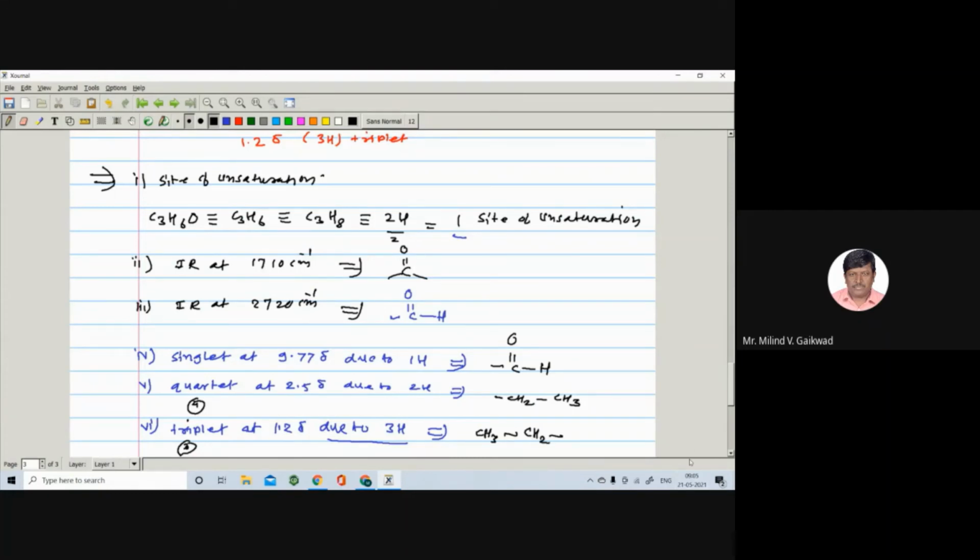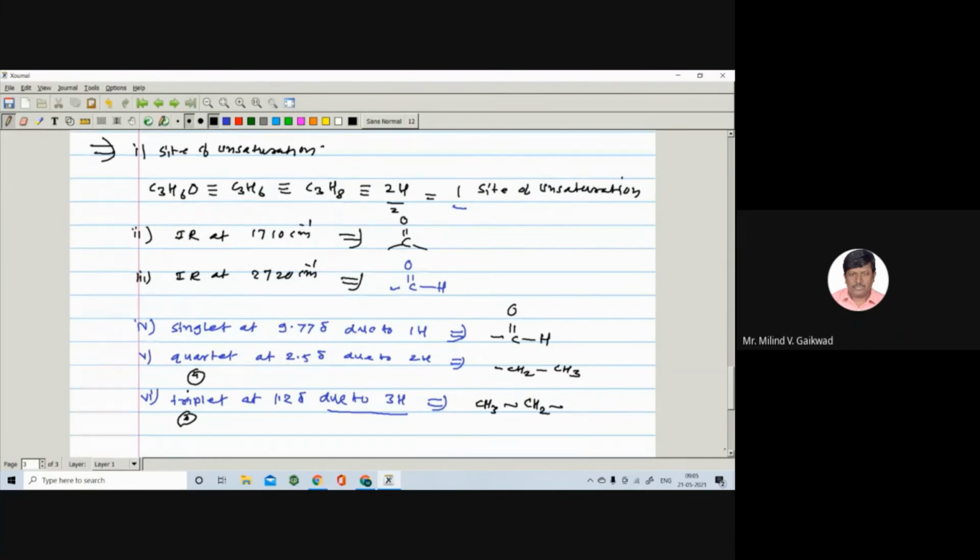So we can write, from the above data, the possible structure of the given compound will be... what will it be?